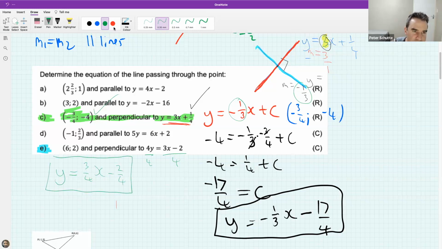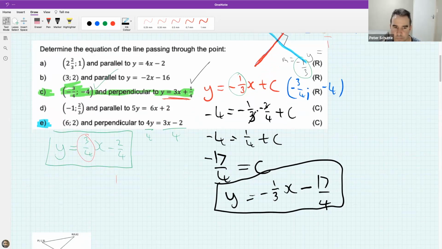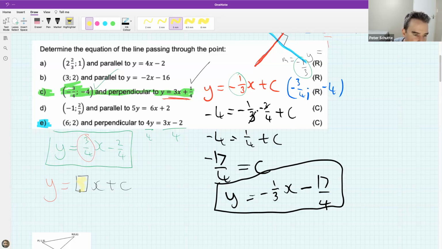And so from that form of that line, I can grab the gradient I'm after. So now I still have to find the equation of the line I'm after, but I'm not going to say it's 3 over 4. It's going to be something x plus c. Maybe someone can even tell me, I'll slow it down. What is going to be in the mystery box, given that it's perpendicular to this one over here?